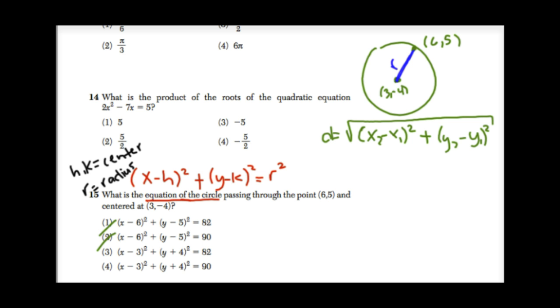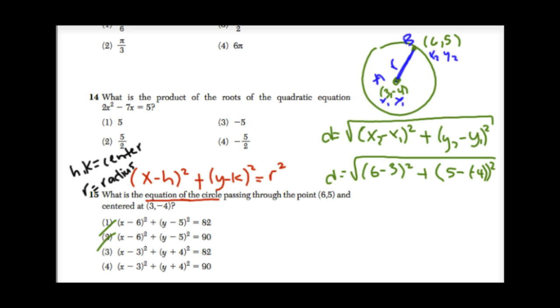And where am I getting these points? Remember, this is my x1, y1, x2, y2. Doesn't matter which one's which. So now, the distance here from this point, let's call it A, B, the distance between A, B would end up being my x2 is 6 take away 3 squared plus 5 take away negative 4. Notice I put the negative in parentheses.